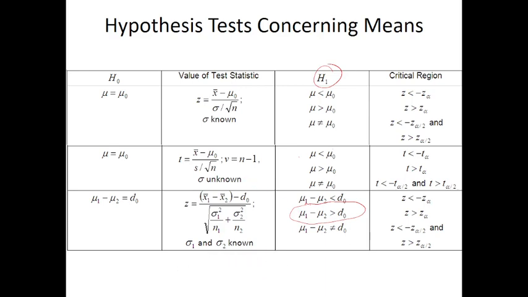Okay, so we proceed. Since this is the one we will consider, this will be for the value of z obtained by using this formula. Then z sub alpha will be obtained using table 8.3. So z greater than z sub alpha will be our critical region.